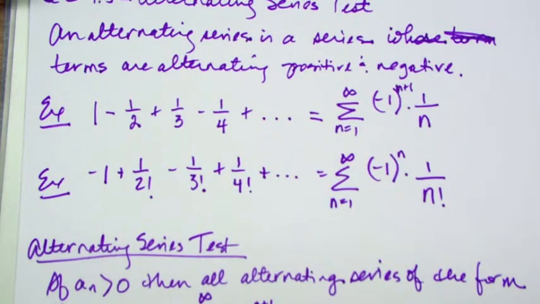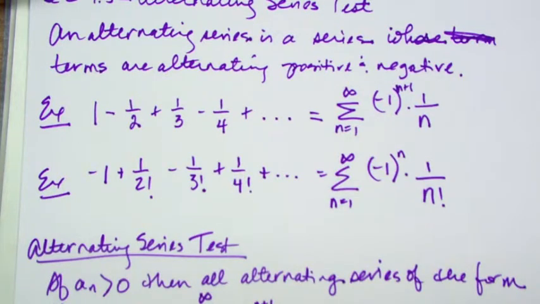Okay, so here I am at 1. I'm going to subtract a half, so now I'm at 0.5. I'm going to add a third, so now I'm at 0.8. I'm going to subtract a fourth, so 0.55.